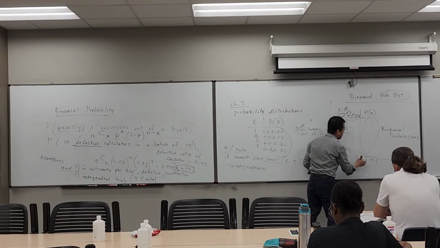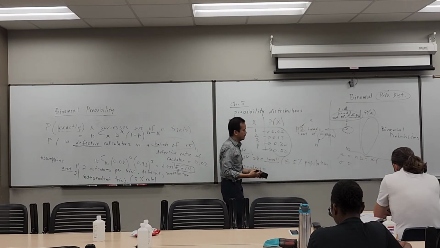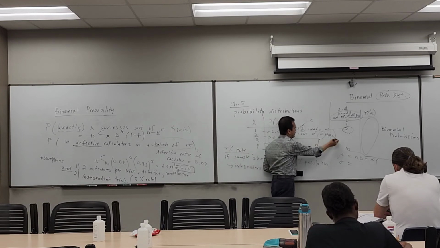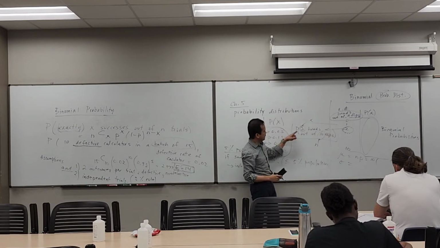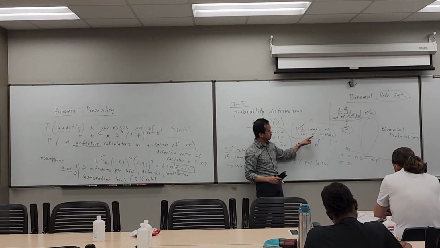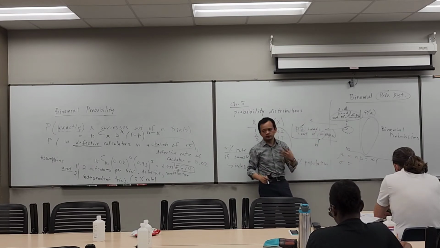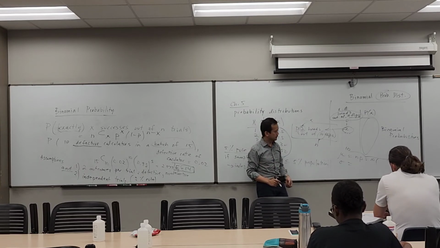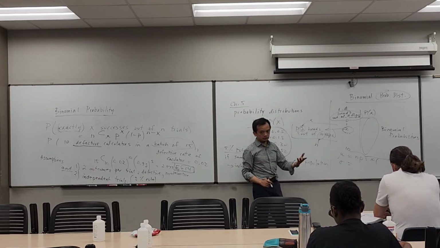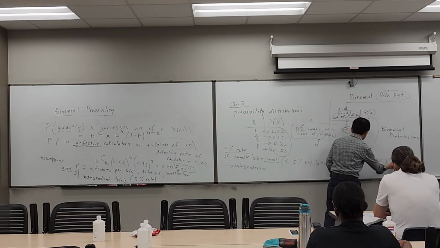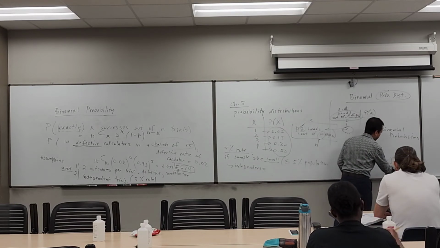And then p is the probability of success per trial, where success is heads. So p is the probability of heads per flip. And we know it's a fair coin, so it's going to be 0.5. So the mean will be 10 times 0.5, which is 5.